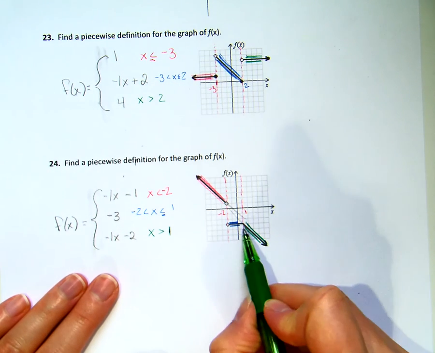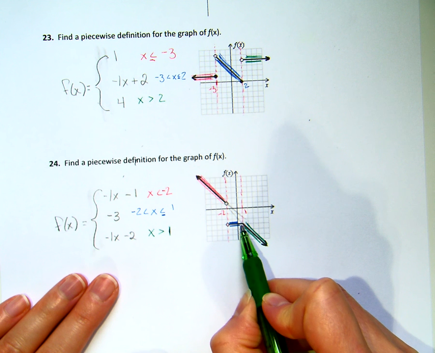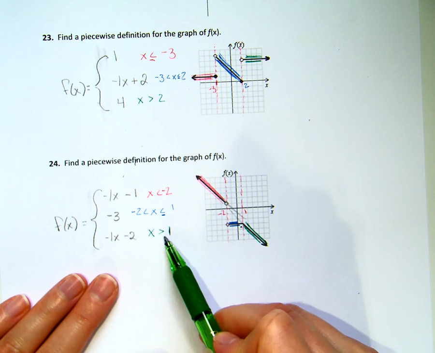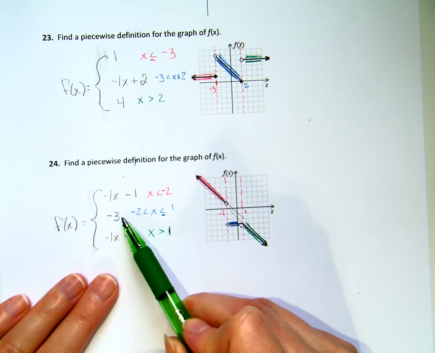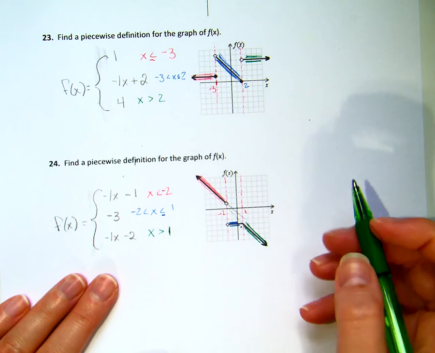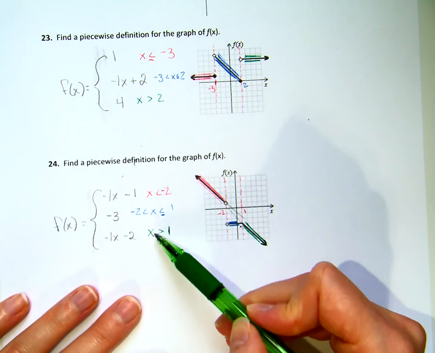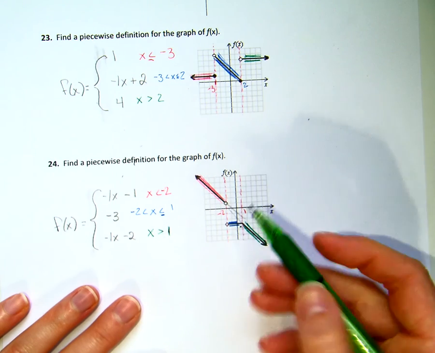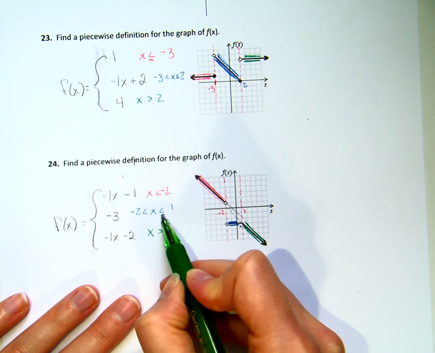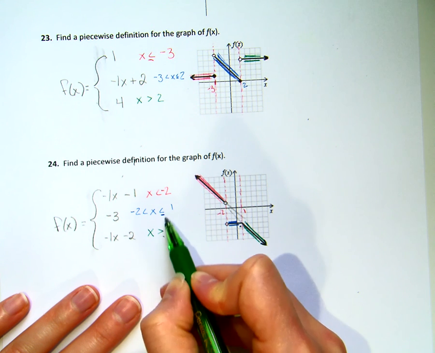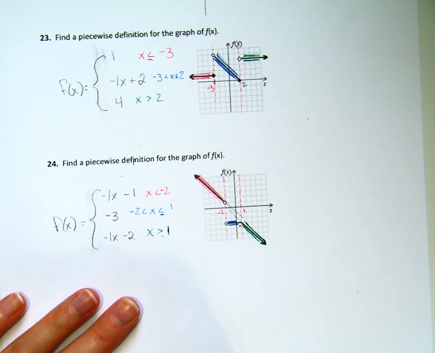Now, be careful. Even though this is a closed circle, I can't have it closed in two places. It would no longer be a function if it has two different y values at the same x value. So I can only evaluate my function in one of these at a time. So you could either have the equal to here or here, but you could not have it equal 1 in both places.